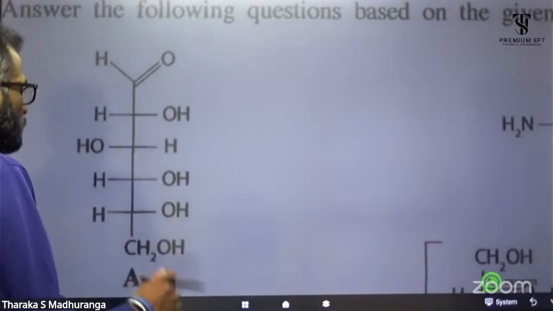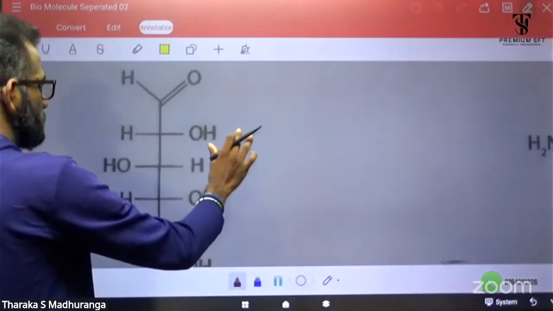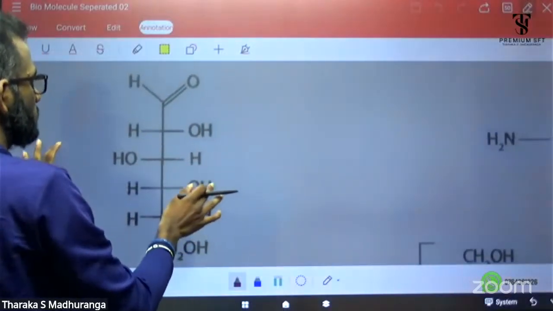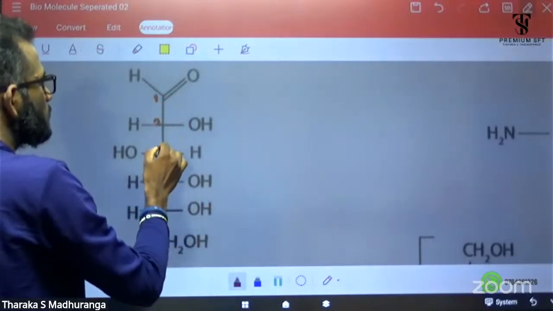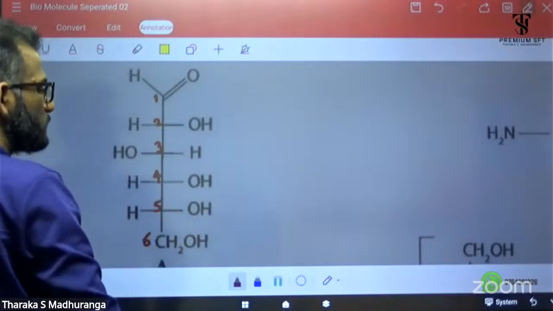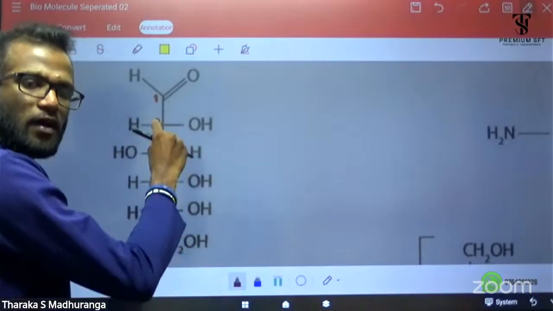First of all, you can number the carbons. This is your first carbon, second carbon, third carbon, fourth carbon, fifth carbon, sixth carbon. Now it is a hexose. How can you identify that?